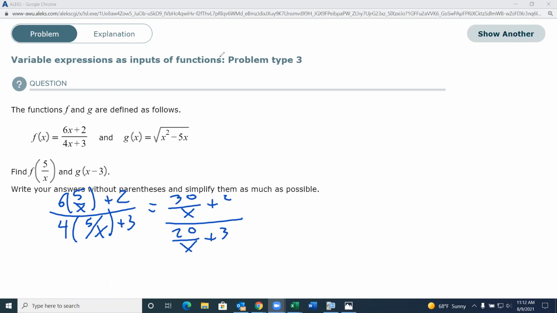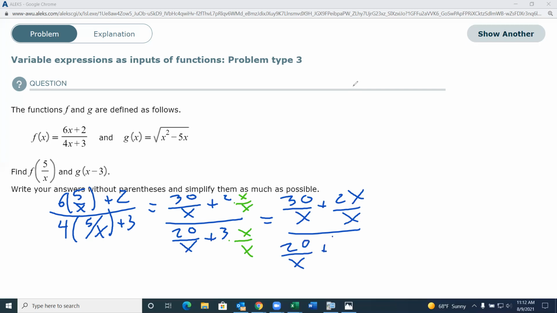And just like we've done in other math classes, we've got to multiply by x over x and x over x so we can get common denominators. So that'll be 30 over x plus 2x over x, 20 over x plus 3x over x. Which is going to be 30 plus 2x over x, all of that over 20 plus 30x over x.